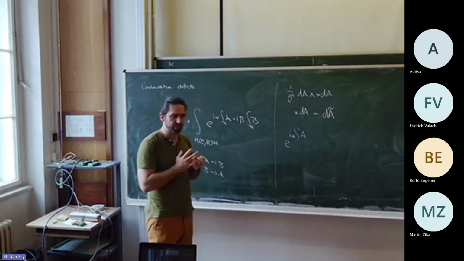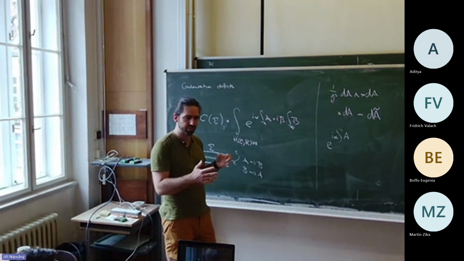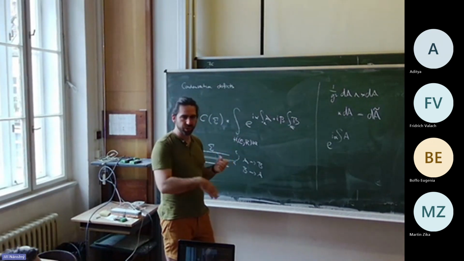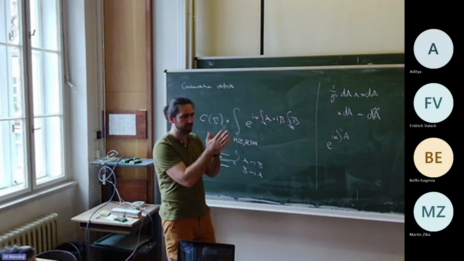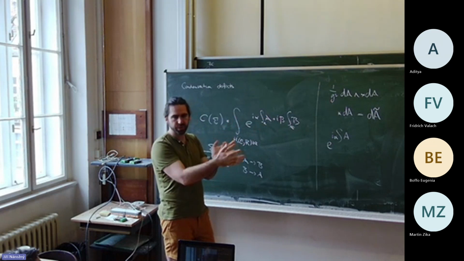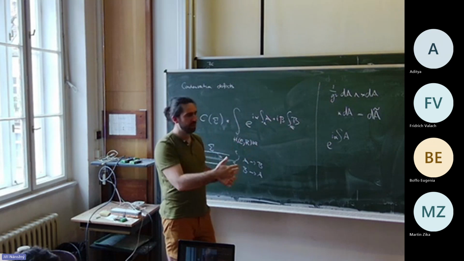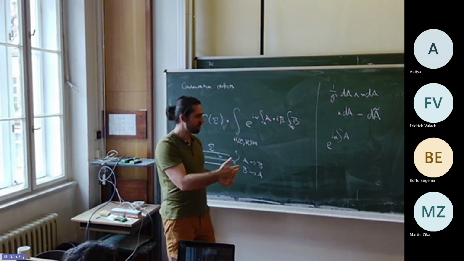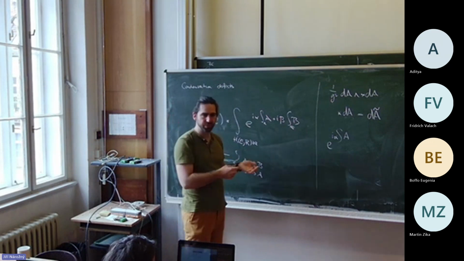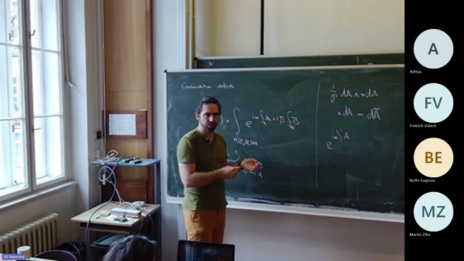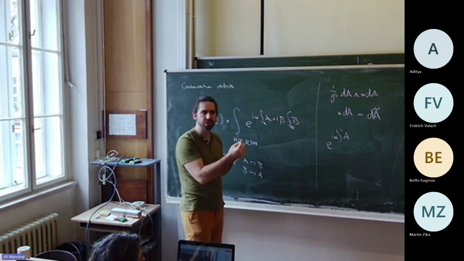If it's the compact case, you'll have momenta which are 1 over R, where R is the size of the target circle. Momenta will be 1 over R times n, and the windings will be R times n. In the mixed Dirichlet boundary conditions I defined, you see a similar feature. To really link it to here is a little more work, but at least you see that the charge lattice is identical.